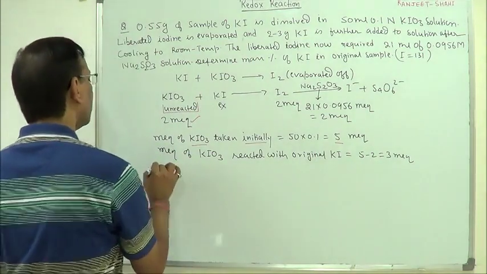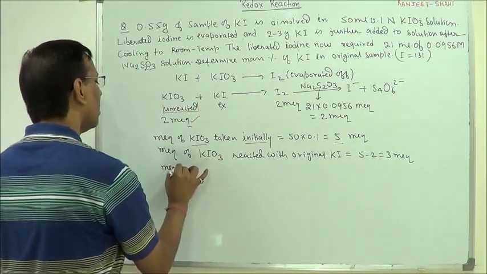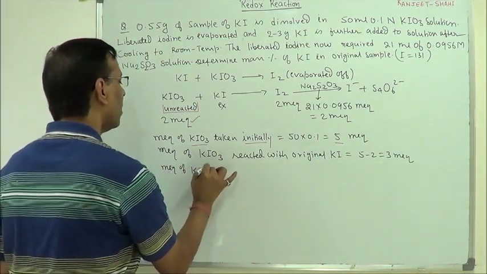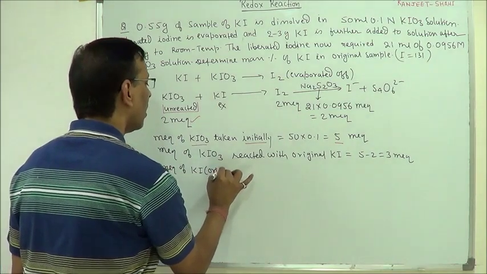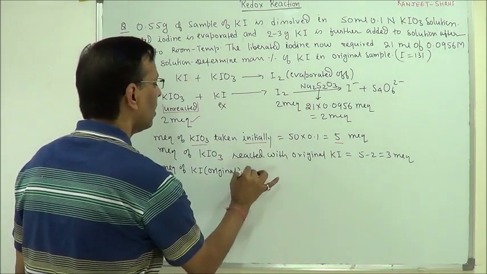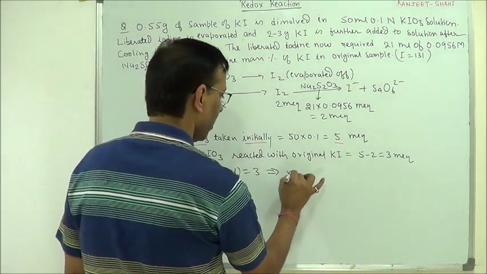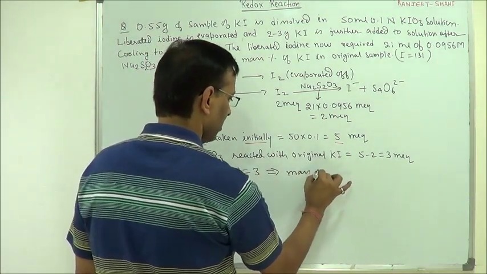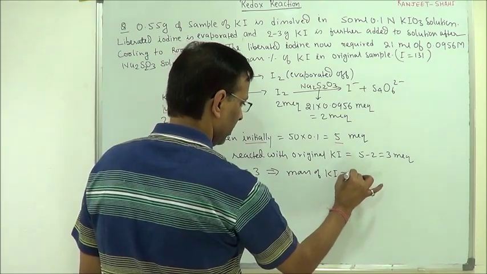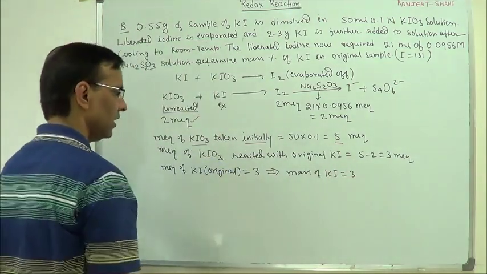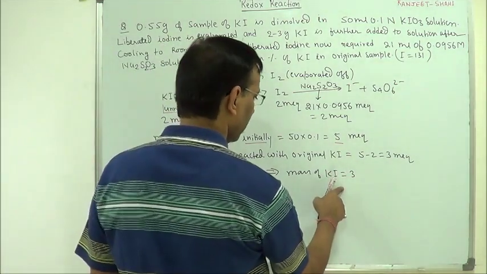So milliequivalent of KI original is 3, implies mass of KI is 3 into equivalent mass, and the n factor of KI is 1.